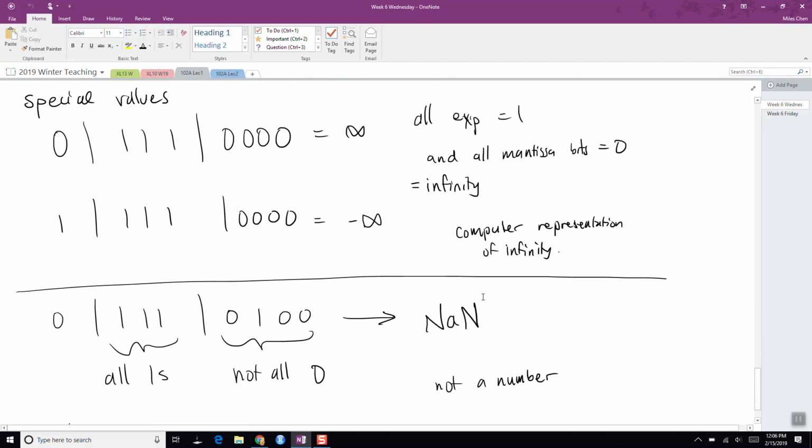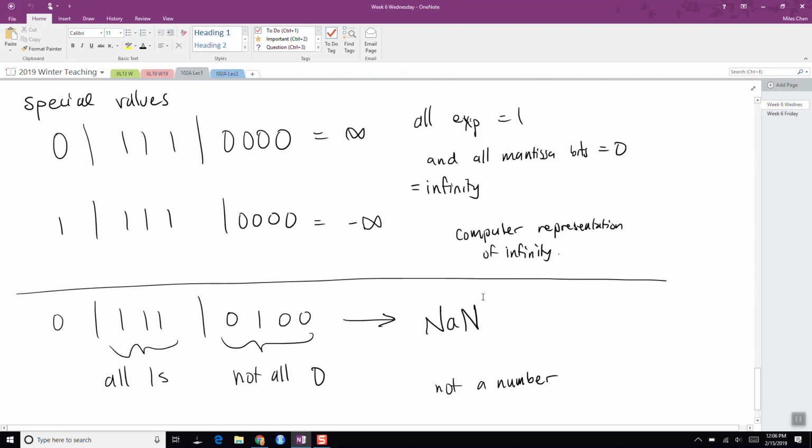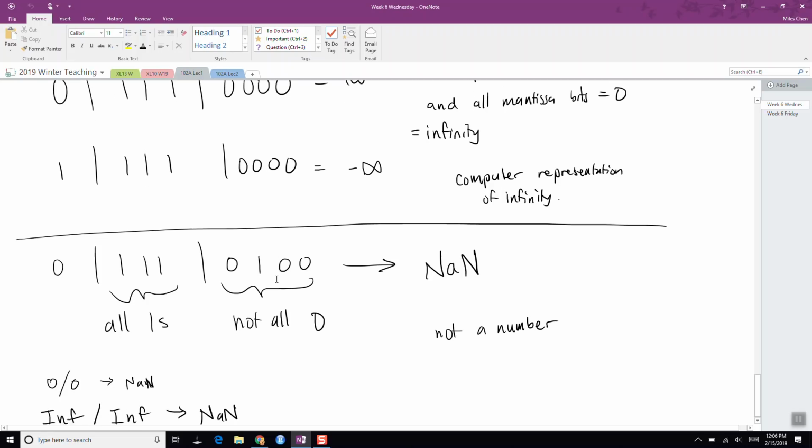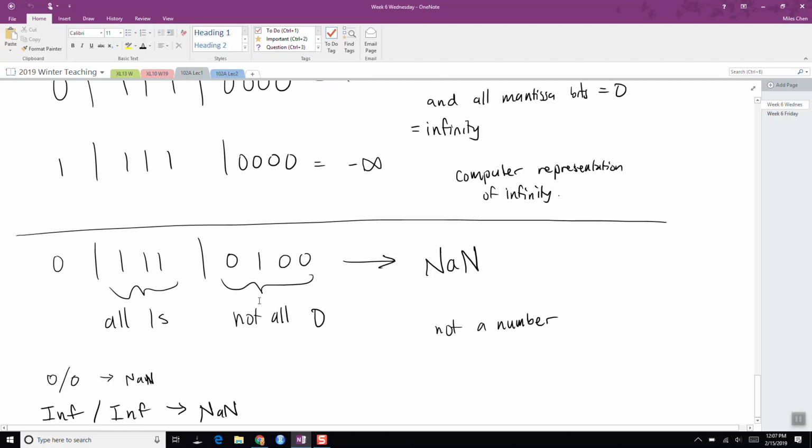And then we left off on Wednesday saying we have a few special values. If the exponent becomes all ones and we have all zeros, then that's going to be infinity or negative infinity. And if it's all ones and something other than all zeros, then we get not a number.